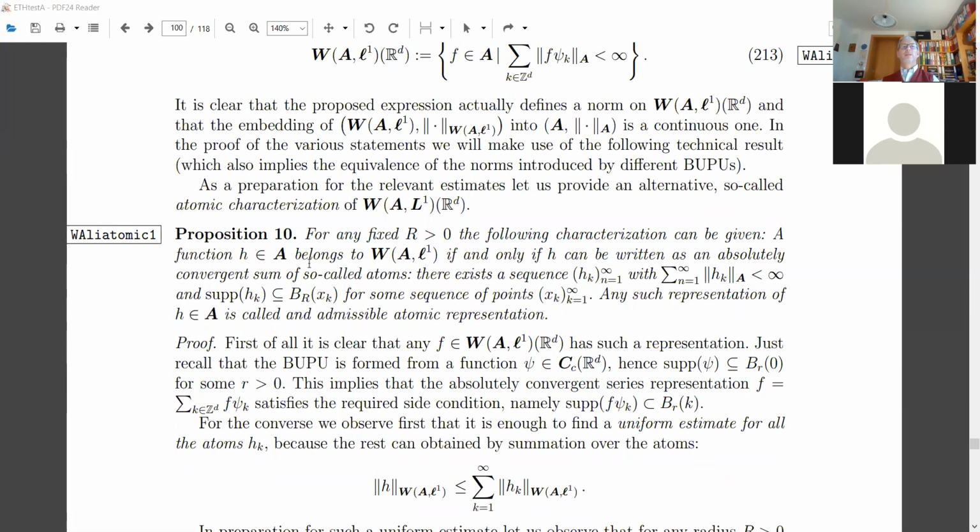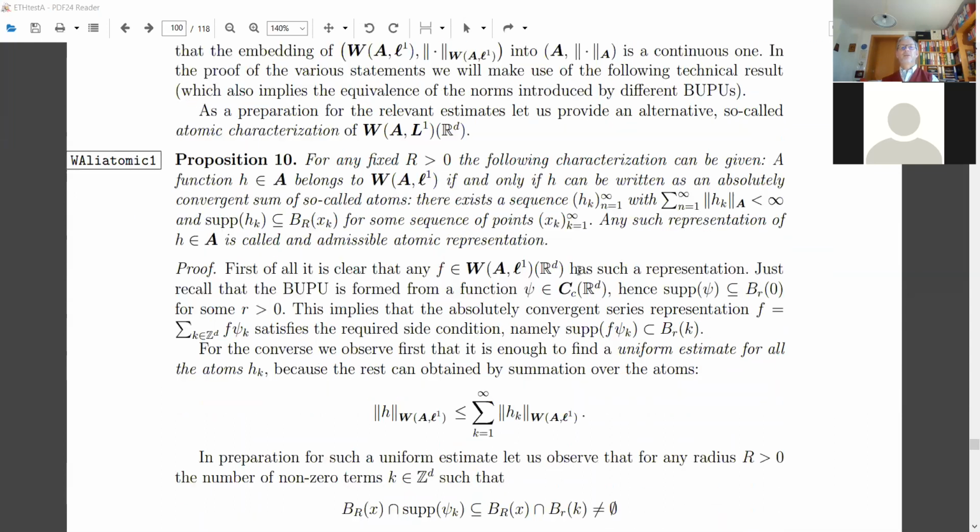So you split a function in A into absolutely convergent sums. Each of them is living in some small ball, or even a big ball, but of a fixed maximal radius. So with potentially infinitely many atoms, their norms have to be summable. So we talk about absolutely convergent sums in A, and their support should be uniformly controlled by some radius R.